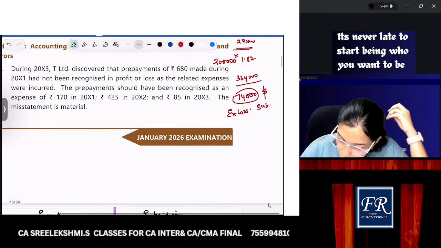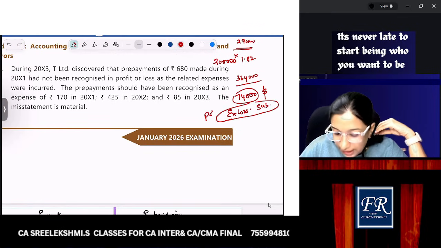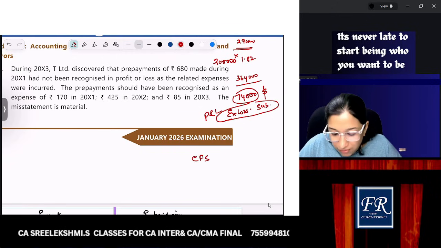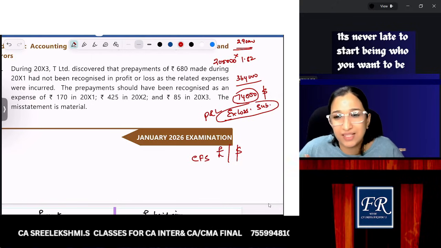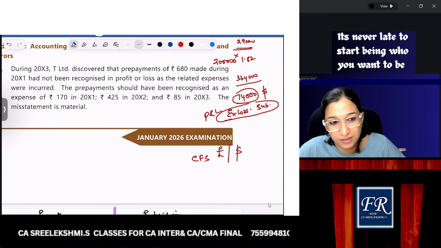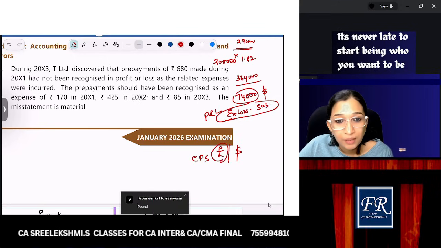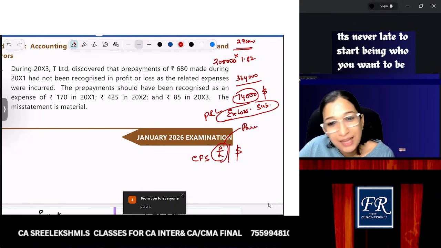This exchange loss in the subsidiary, which is originally in P&L, when we prepare CFS, are we preparing it in pound or in dollar? Are we preparing consolidated financial statements in dollar or in pound? We will be preparing CFS in pound. Why? Because the parent's currency is pound.